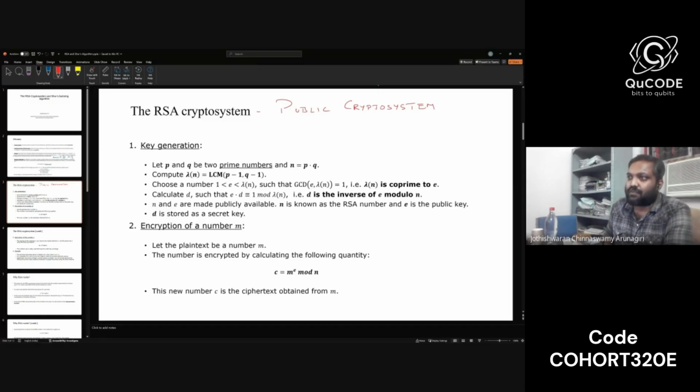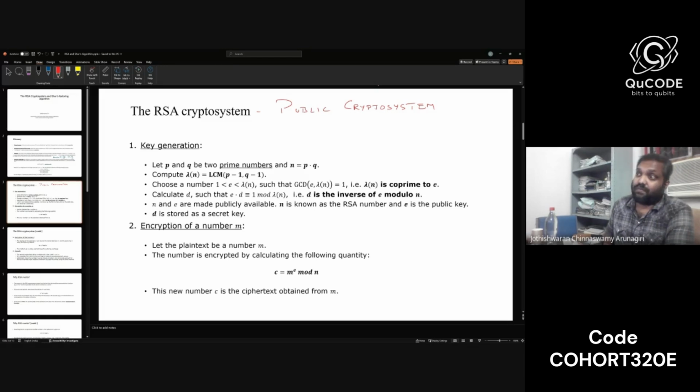Then we choose a number E between 1 and lambda of N, such that the GCD of E and lambda of N is 1. That is, lambda of N and E are co-prime. Then we calculate a number D such that E times D is congruent to 1 mod lambda of N.